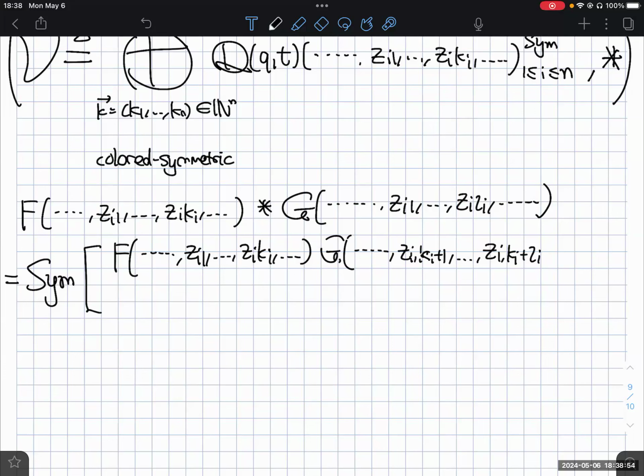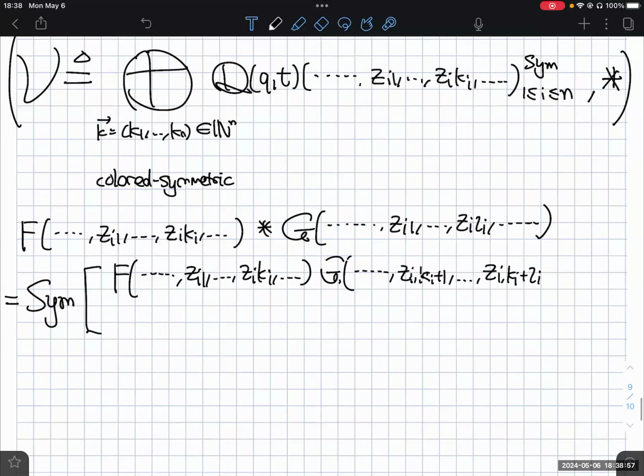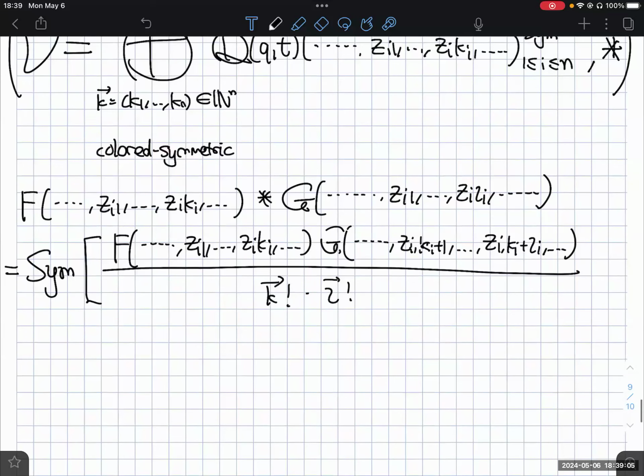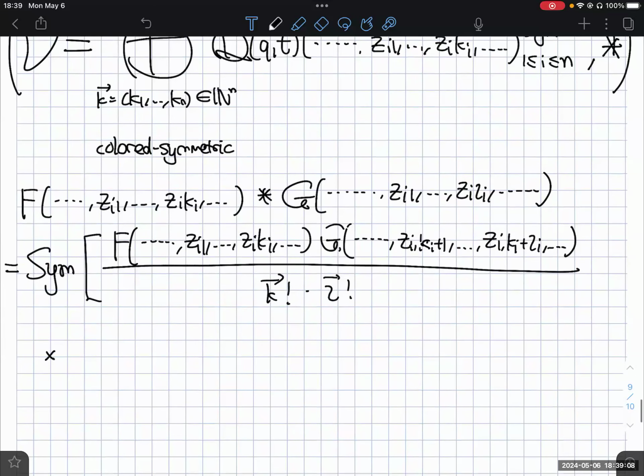You can see that the shuffle product makes the variables much more than before. And this is the symmetrization of these two, but we have to add some twist.